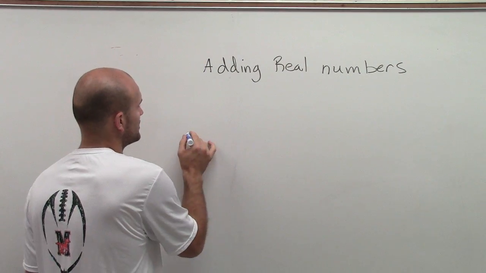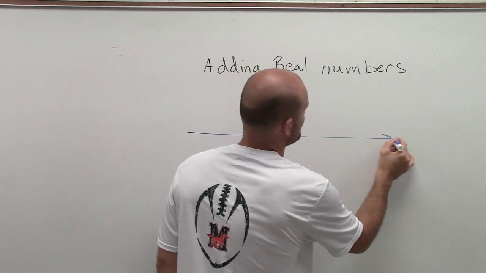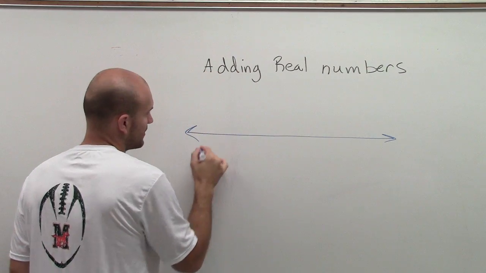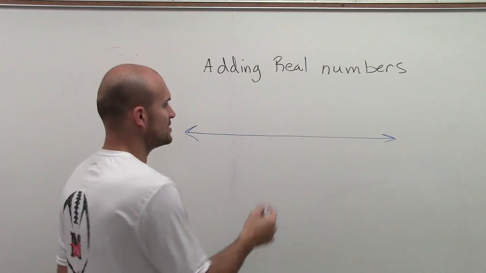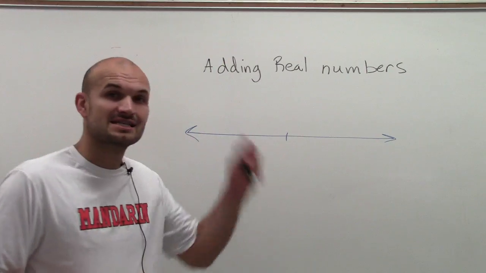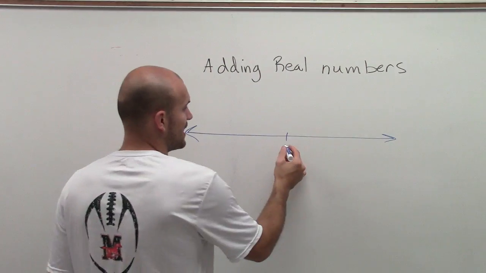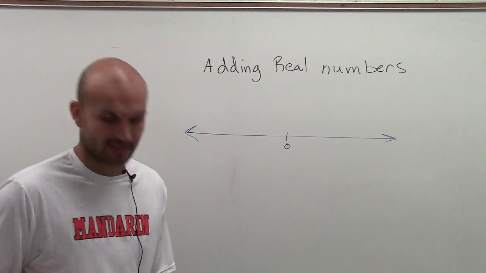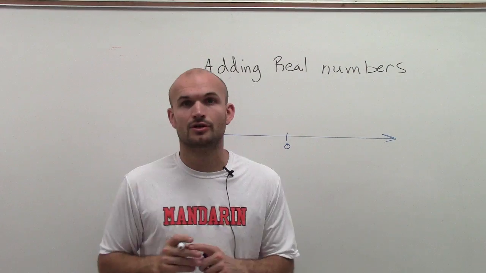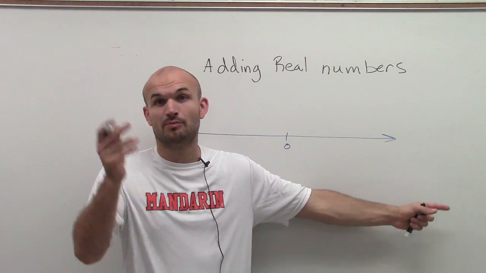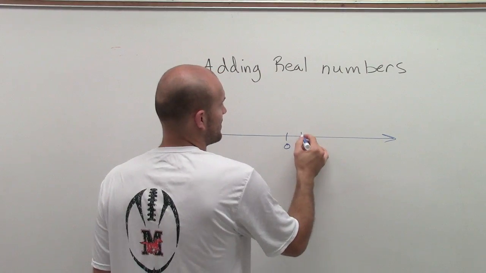So what I'm going to do is use a number line just to represent how we're going to add. A number line is a way for us to classify and order numbers. We're going to have 0 in the center. Going to my left, but your right, are the positive numbers.